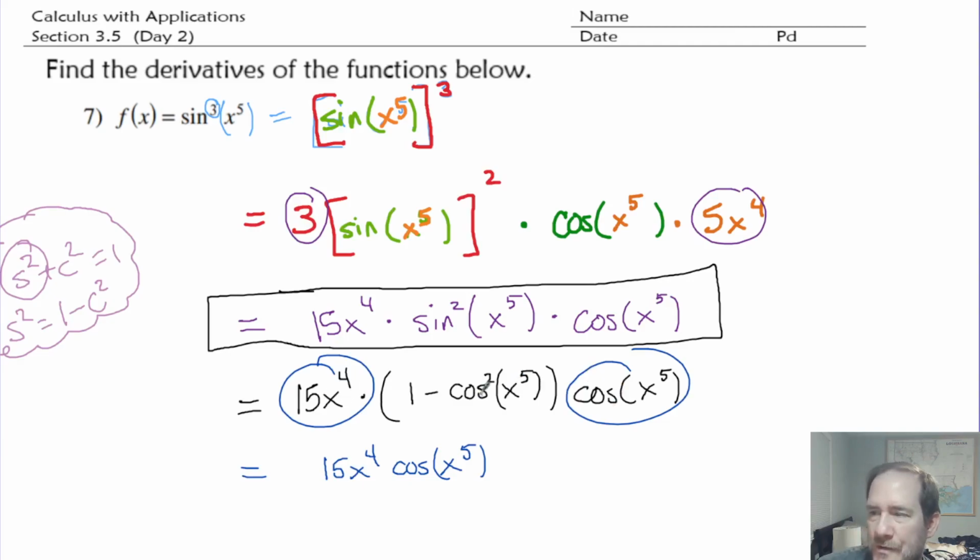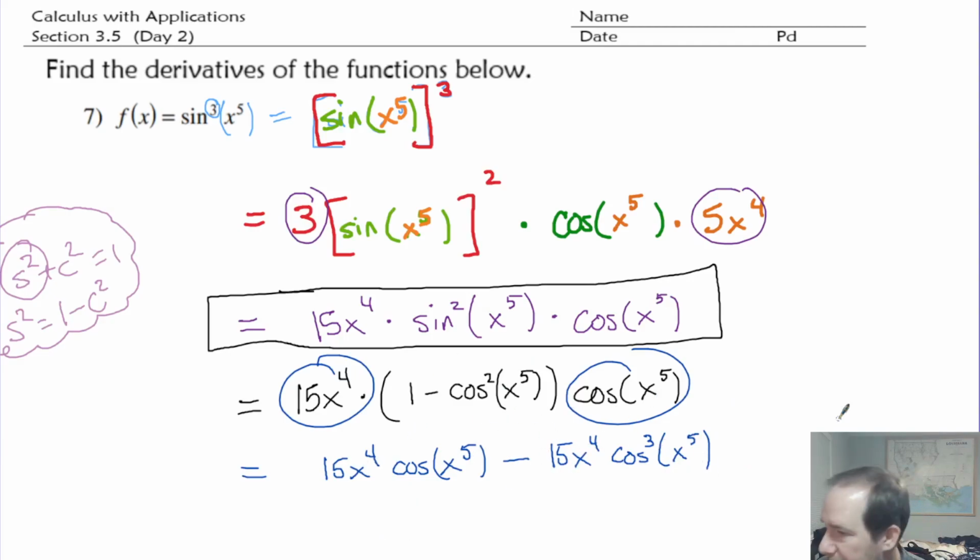Then I distribute both of those onto this guy, so I get minus 15x to the fourth times cosine cubed of x to the fifth. So if everything's distributed, is that good? No, that's not really good, because we would want to just factor our common factors right back out again, wouldn't we?